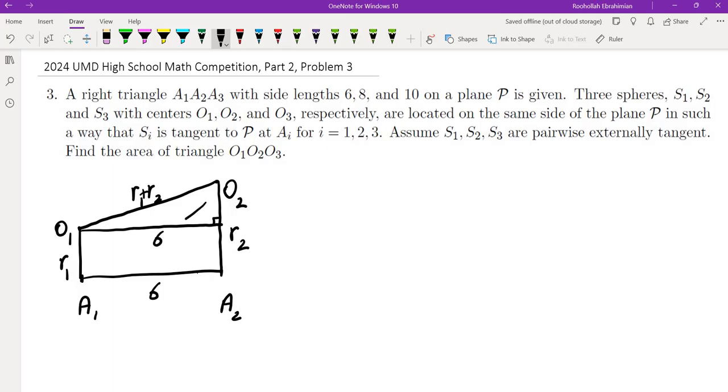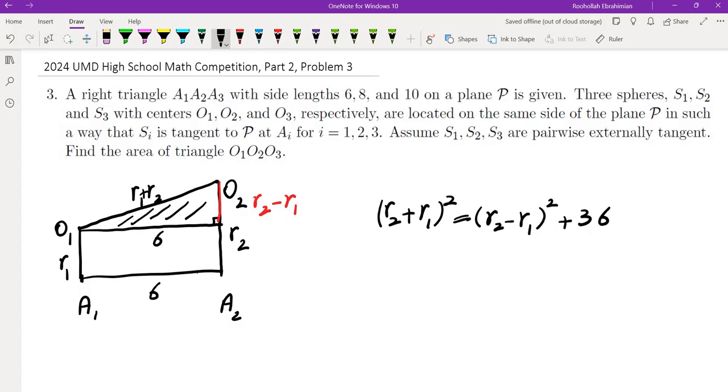So this is 6, and if you look at this right triangle, one side is R2 minus R1. So we can write down the Pythagorean theorem. We get (R2 plus R1) squared equals (R2 minus R1) squared plus 36.